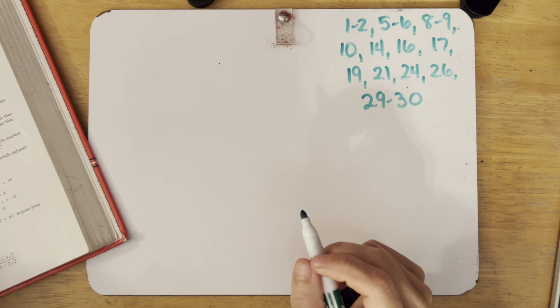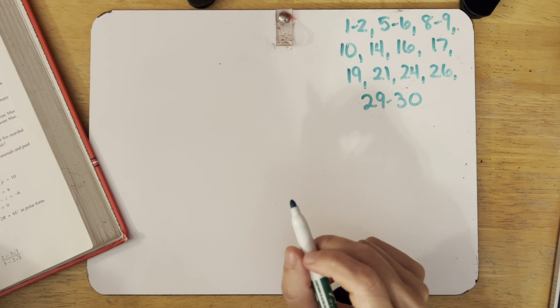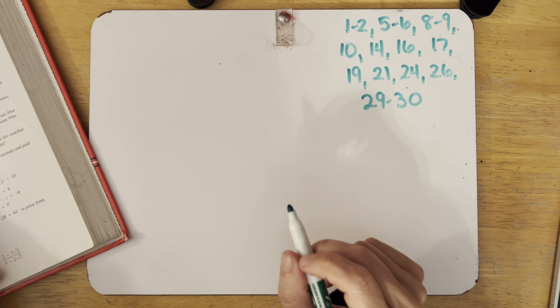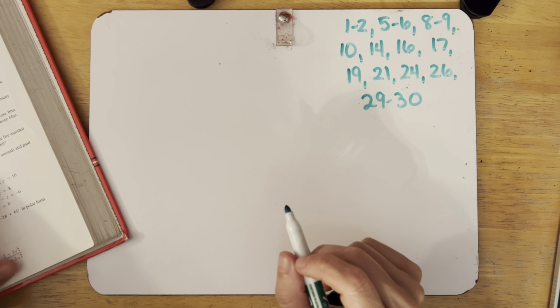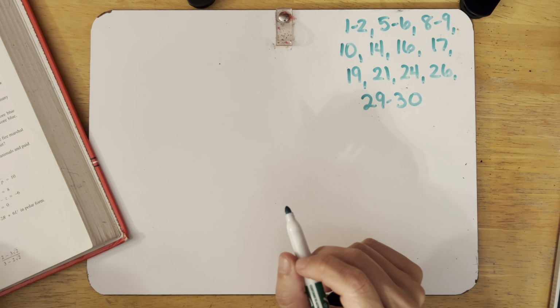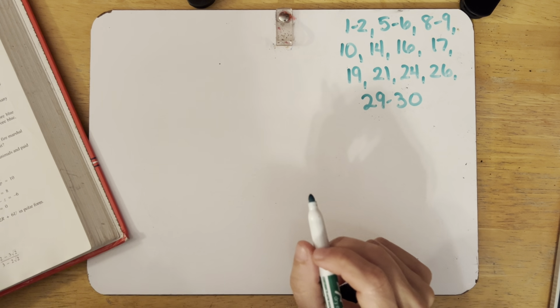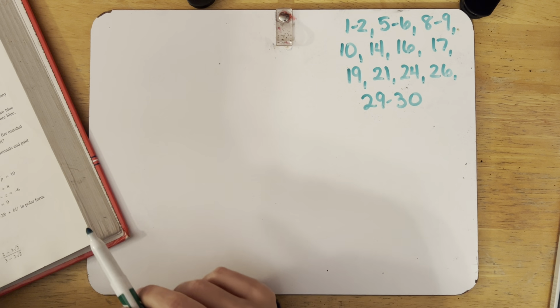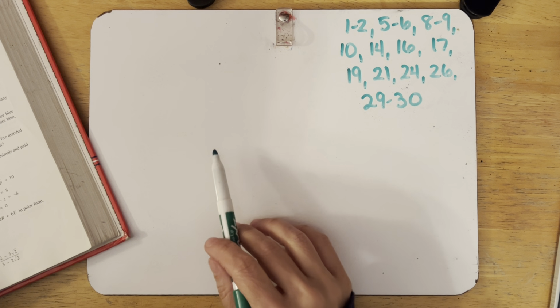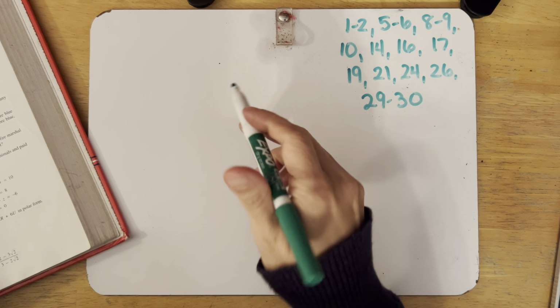All right, number 5. Dogs were $40 each and cats cost only $2 each. If Doe Run bought 30 animals and paid a total of $820, how many animals of each kind did he buy? Okay, this is where you have the two equations and you're going to have to substitute.